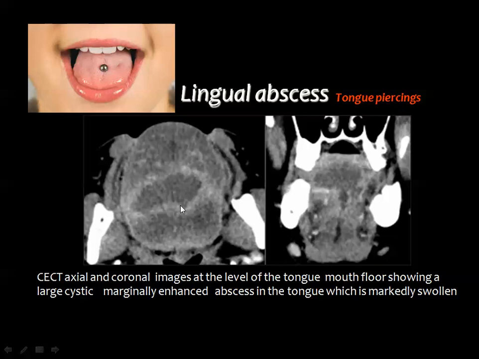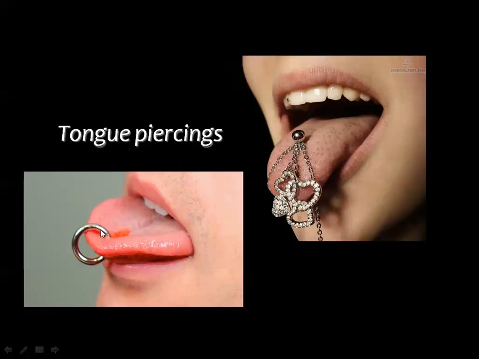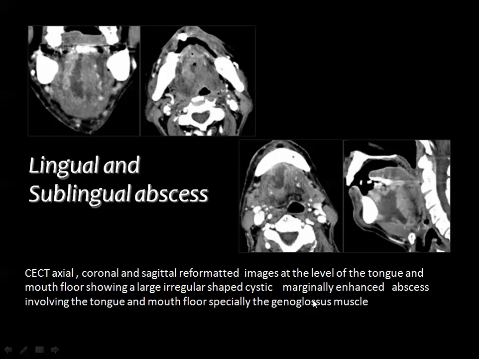And you know the tongue is very rich in blood supply and is resistant to infections, but this material may actually, many times, injure the tissue of the tongue and lead to the introduction of inflammatory organisms.